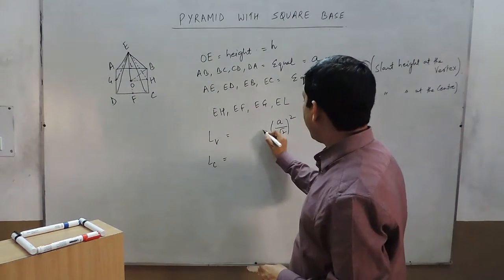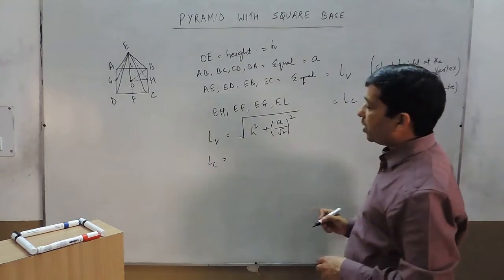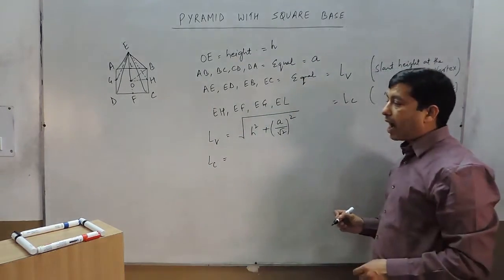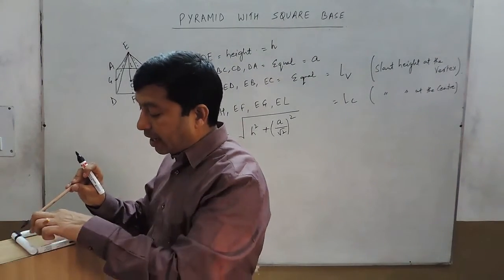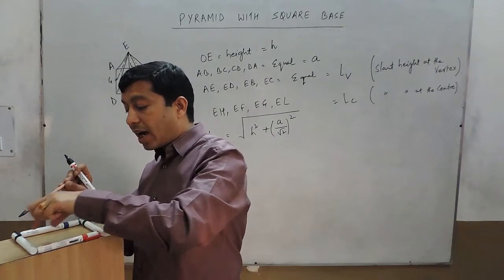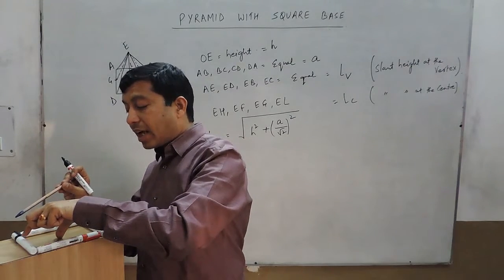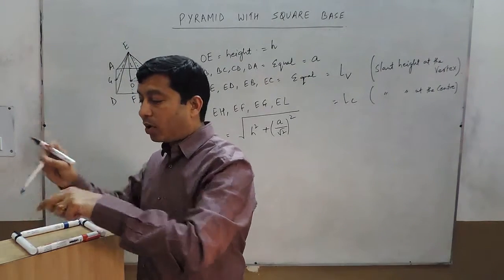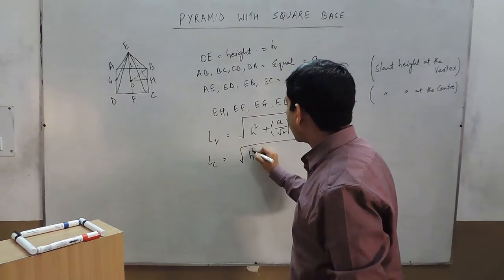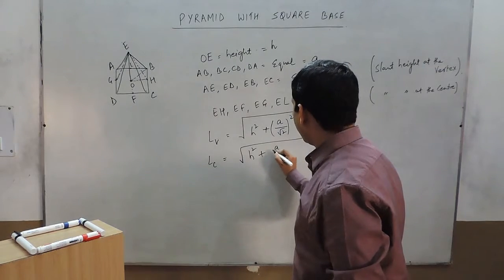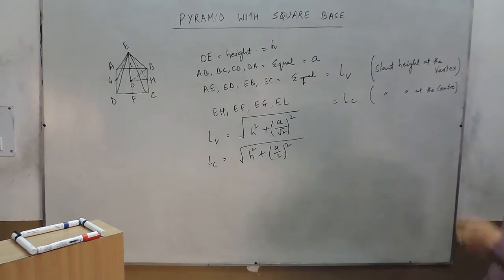So the square of this value plus the square of the height, under the root, gives the slant height at the vertex. Now, to find the slant height at the center, this length is half the side, A upon 2. Then LC is equal to the square root of H square plus A upon 2 whole square. So these are the two values for LB and LC.